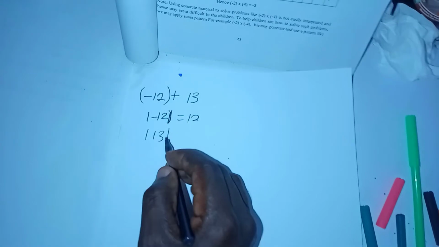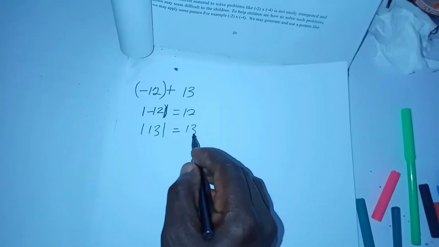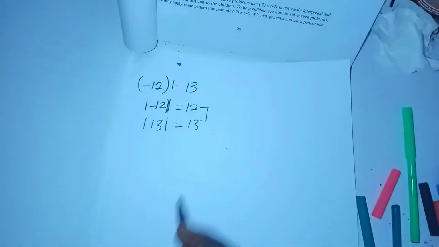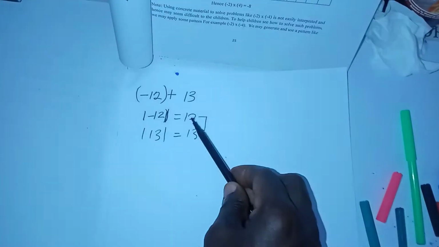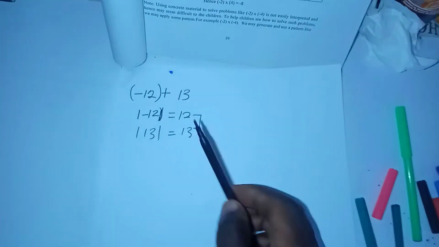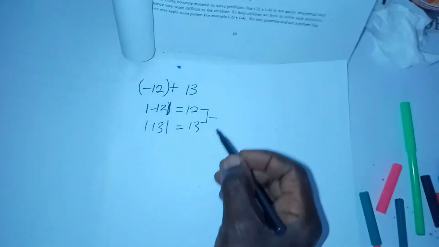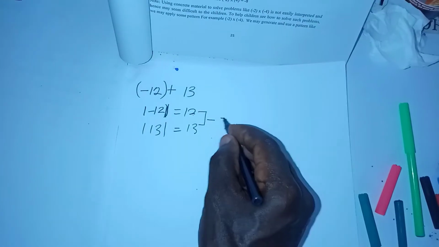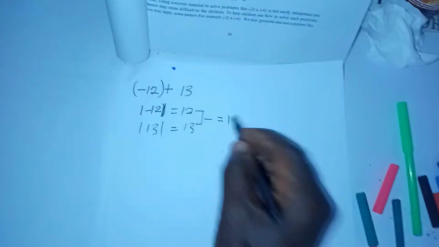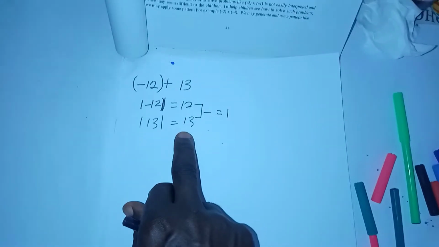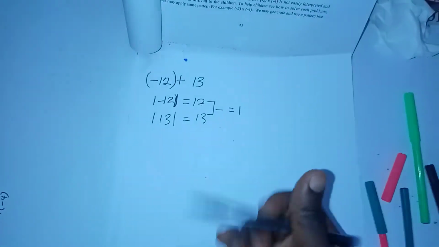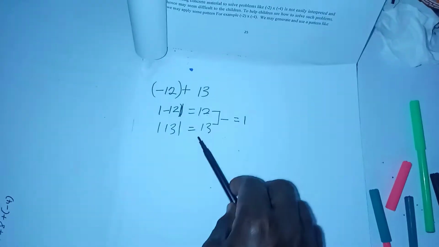The absolute value of 13 will also give us what? 13. These are the two numbers we are having. But we are asked to subtract the smaller absolute value from the bigger one. We are subtracting the smaller one from the bigger one, and that will give an answer of what? 1. 13 minus 12 will give us 1.